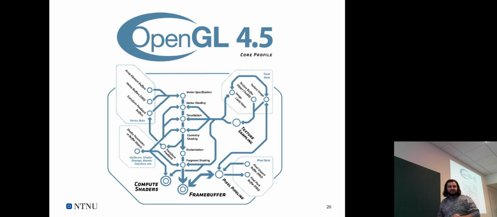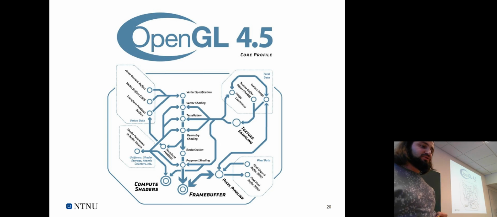So, any ideas? Any guesses what is transform feedback? The idea is that when we have defined geometry, we pass it to the GPU for further processing. But particular geometry can be useful for future uses, maybe in future frames, or we want to store it somewhere.